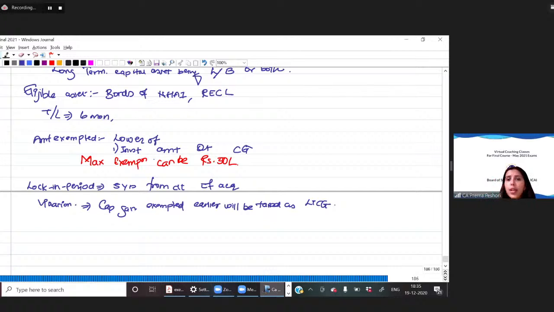You mean the new asset, if it is sold within 3 years, then the STCG will be taxed in the year of sale of asset. What is your answer for this?